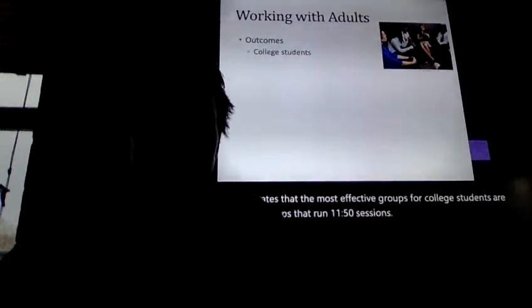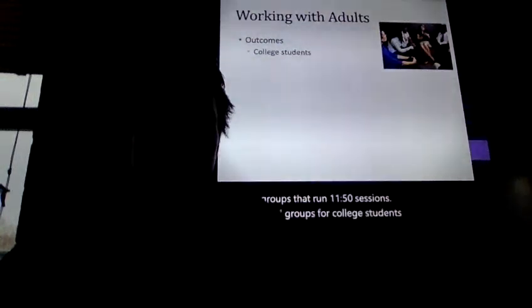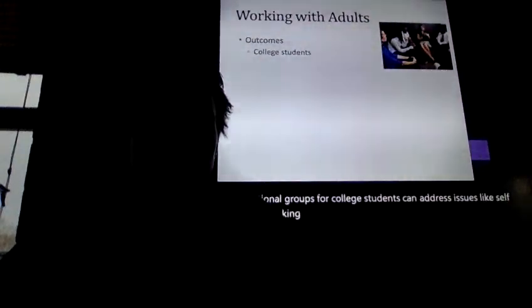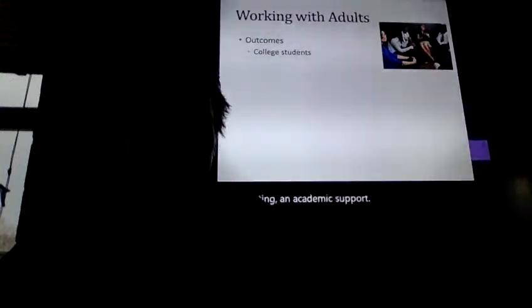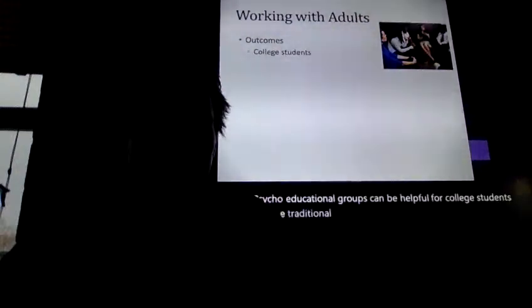Psychoeducational groups for college students can address issues like self-esteem, public speaking, depression management, stress management, disordered eating, and academic support. Additionally, psychoeducational groups can be helpful for college students who are outside the traditional age range and can offer information and resources for their academic, social, and emotional needs.